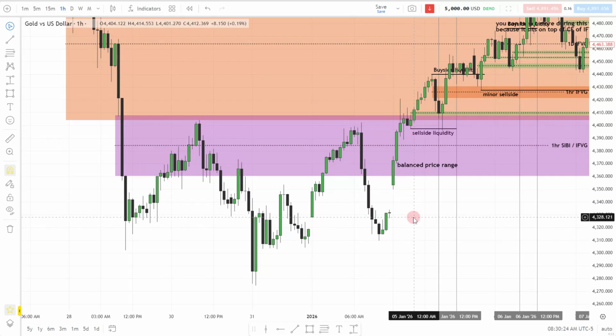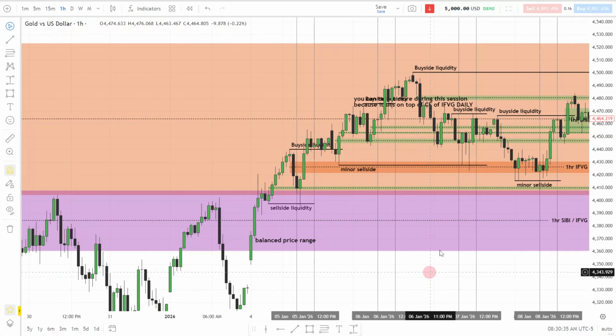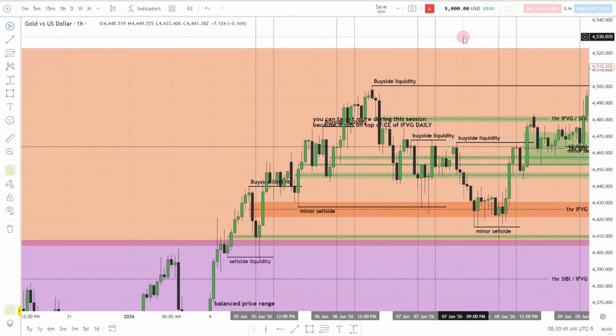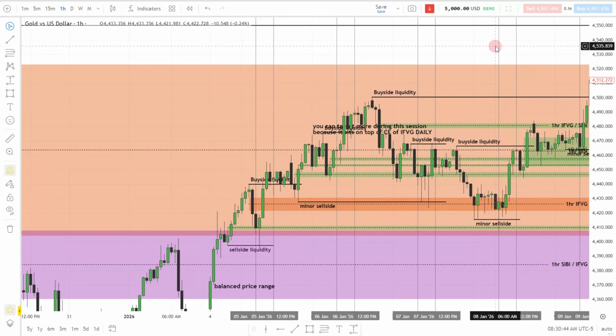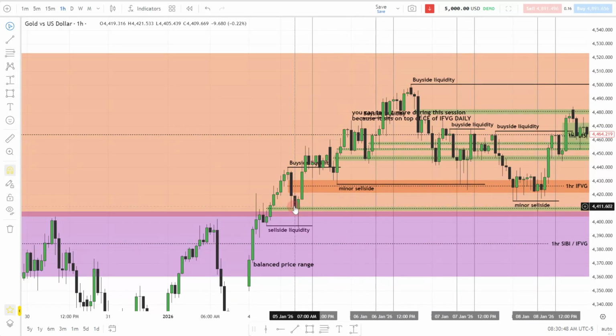Why did I say that? We are gonna focus on tape reading price from here because I wanted us to use these IFVGs. Remember this IFVG, the brown painted area in the daily time frame. You can see price printed to the lower part of this IFVG, this one here.